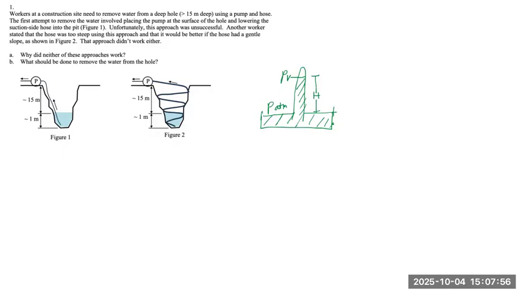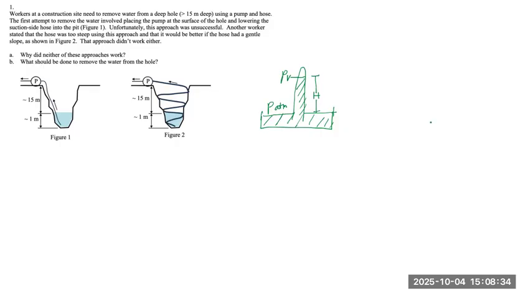So how do we calculate the height in terms of the atmospheric pressure and the vapor pressure of water? By Newton's second law, all forces must balance each other in the vertical direction. That means the force from the atmospheric pressure must equal the force from the vapor pressure of water plus the pressure from the height of the water.